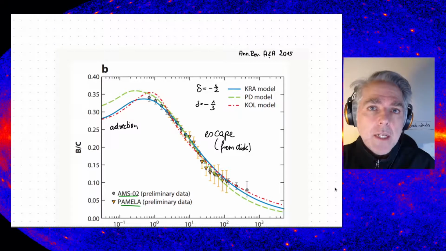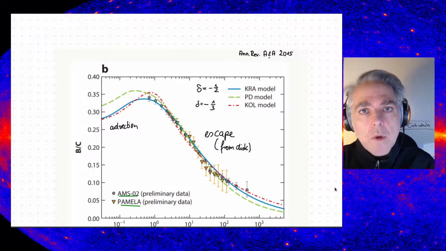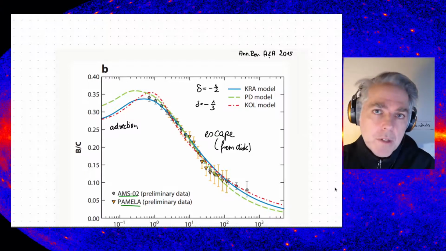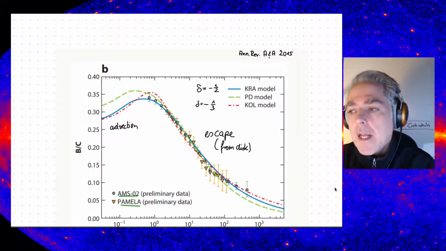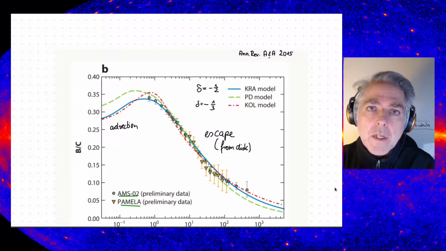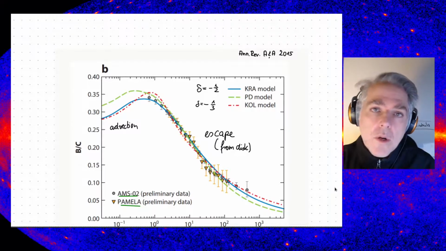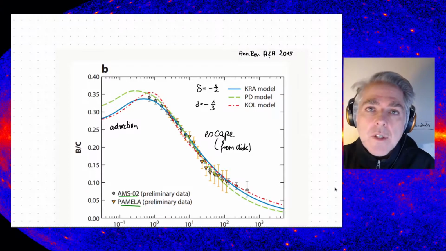Interstellar medium is a highly turbulent medium, and therefore you expect that the turbulent flow will also reflect in the power spectrum of the magnetic field. And there are two very prominent ways that this power law spectrum in the magnetic field energy would depend upon the wave number. The one is the Kraichnan, and the other one is the Kolmogorov, and they lead then to different energy dependence of the diffusion coefficient.